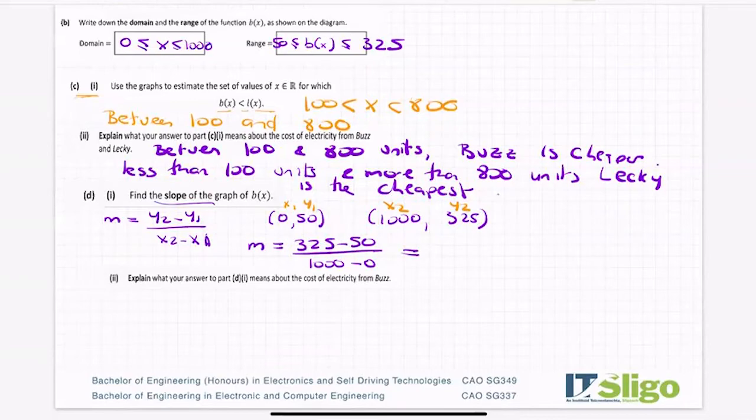So let's put it in and see what we get. And I'm getting 0.275, or as a fraction, 11 over 40. So either of them.